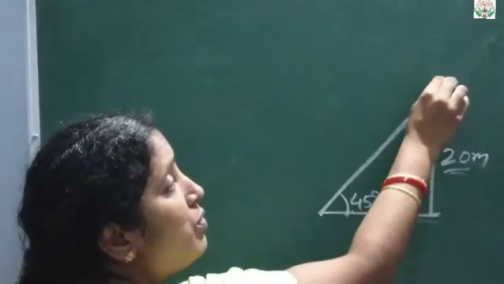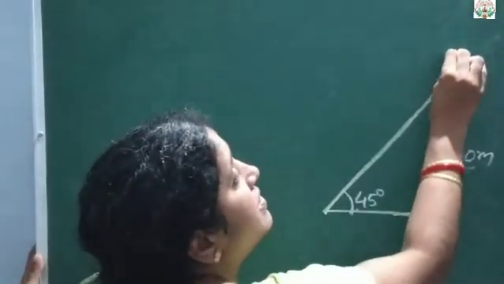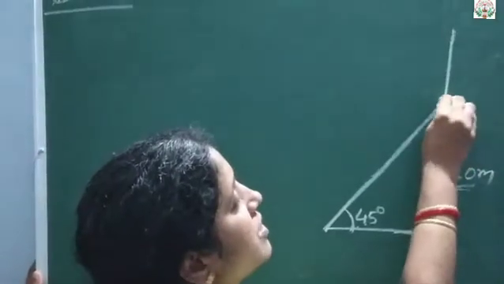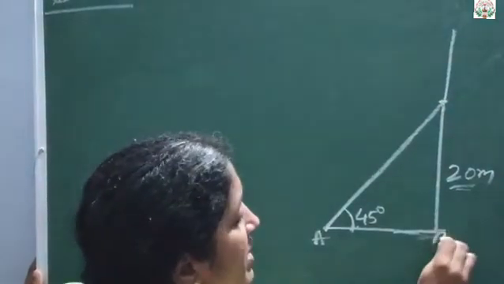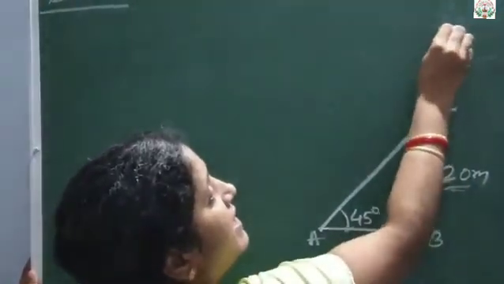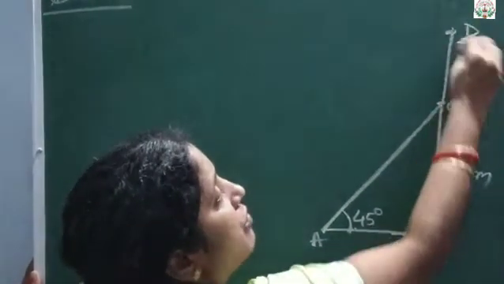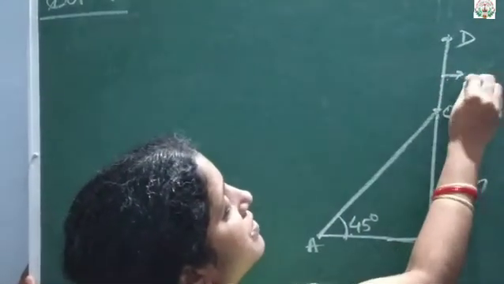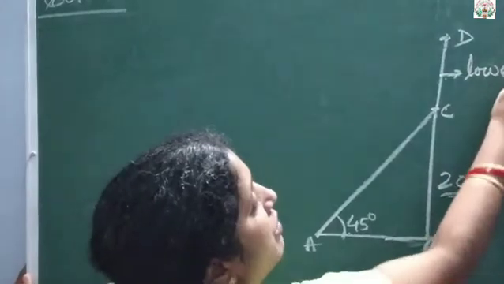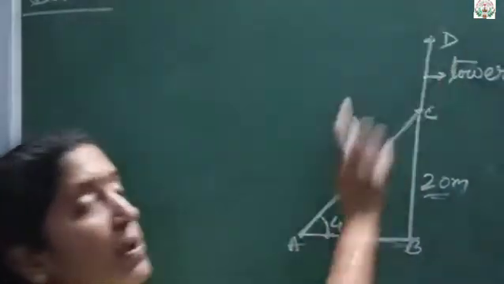Now on the top of this building, a tower is standing. That means, suppose this is A, B, C, then C to D is the tower. The tower is fixed on the top of the building.